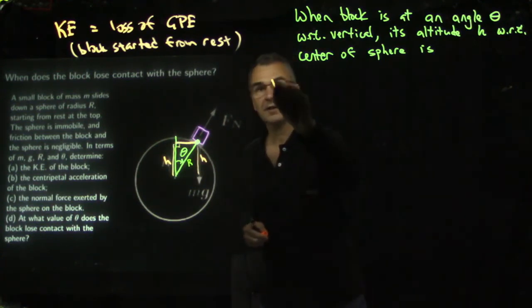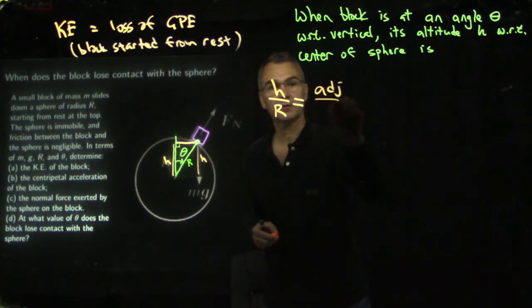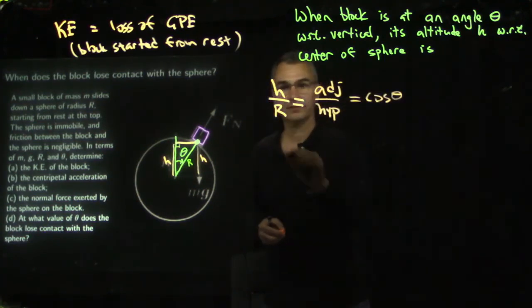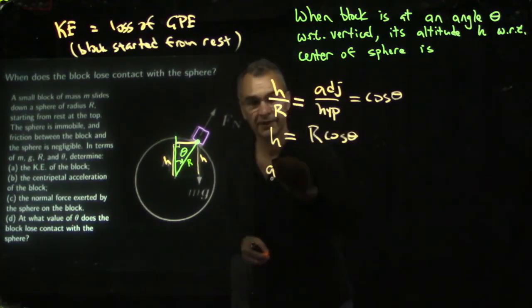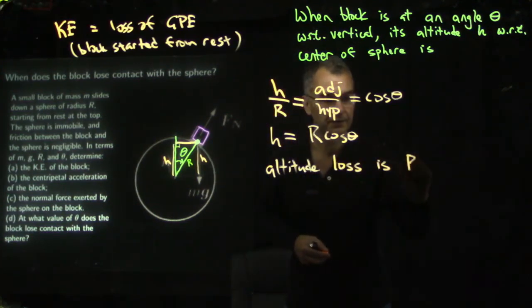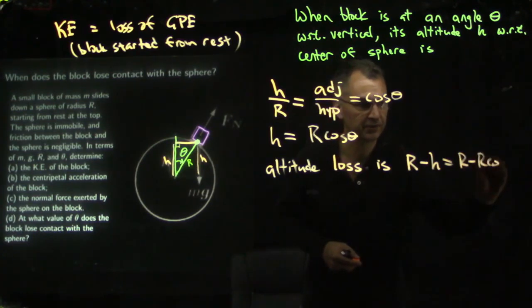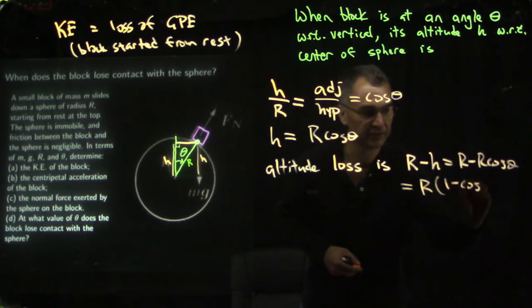So I think h over r is adjacent over hypotenuse, which is cosine theta. So h is r cosine theta, so the altitude loss is r minus h equals r minus r cosine theta equals r times 1 minus cosine theta.